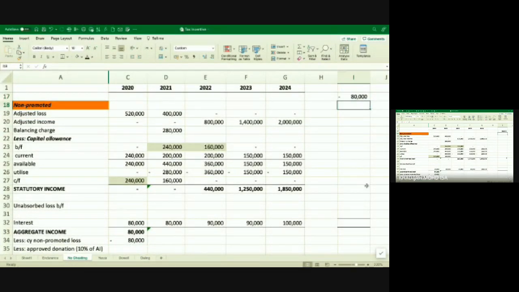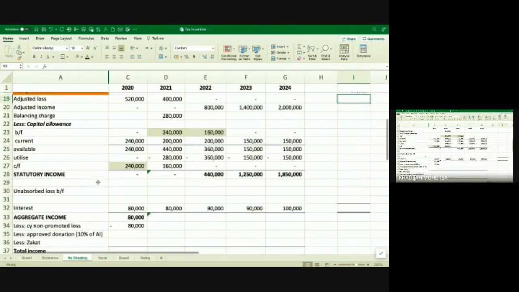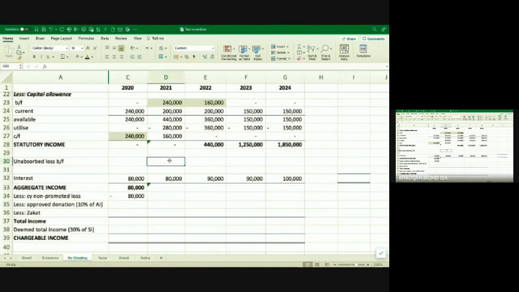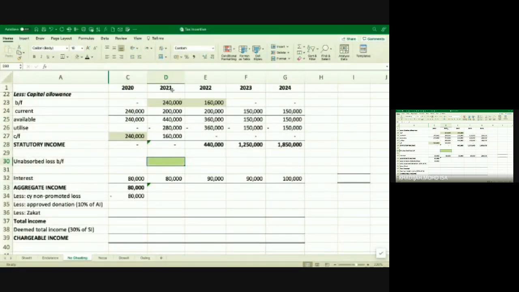So now how much is left? 97,000. So 97,000 should appear here. Your loss brought forward appears here as loss brought forward. So it should be 97,000 here.